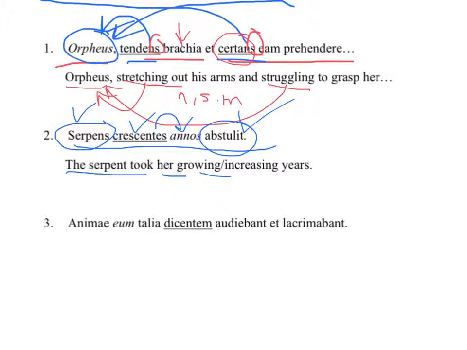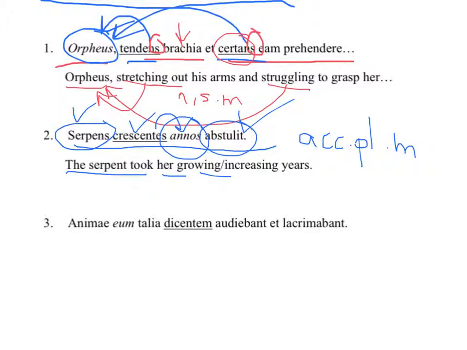The serpent took away her still growing life, her still increasing years. Crescentes is the participle underlined, and annos is the noun that it modifies. They both agree in case, number, and gender. Crescentes is the accusative, plural, masculine, and annos is the accusative, plural, masculine noun.